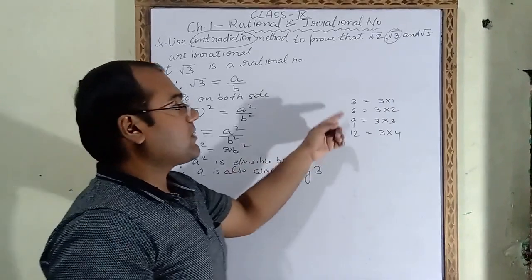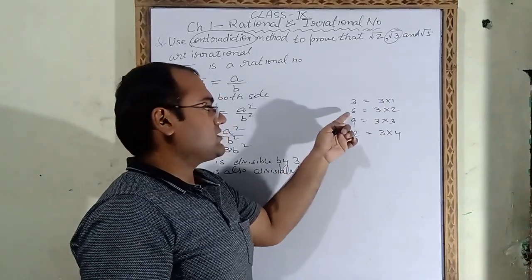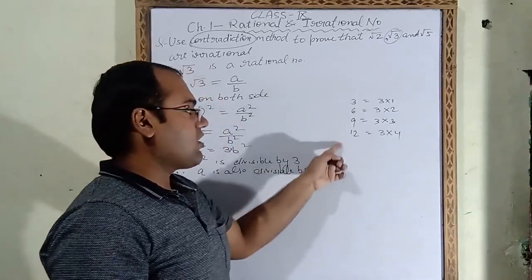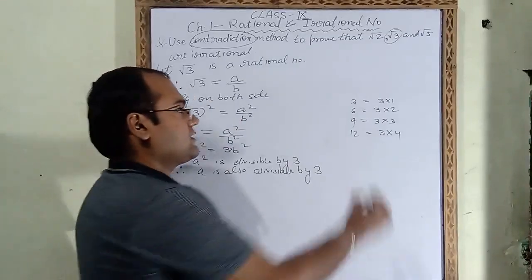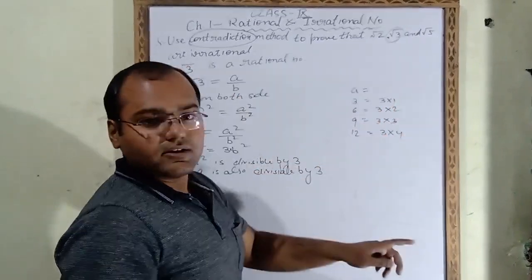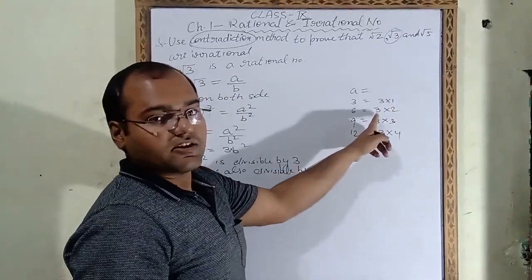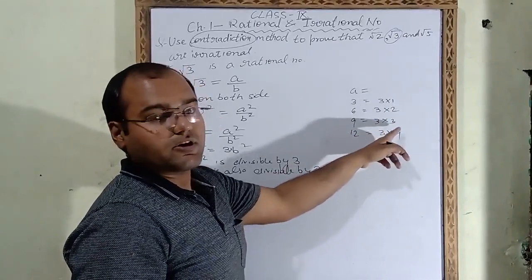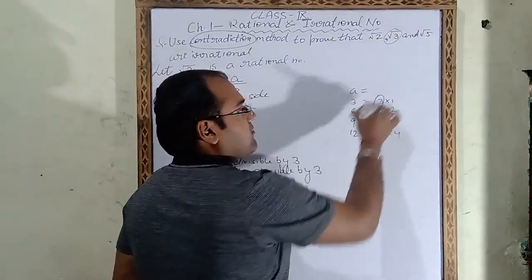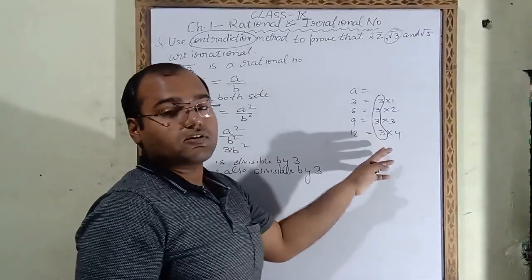So which numbers are divisible by 3? 3 is divisible by 3. 6 is also divisible by 3. 9 is also divisible by 3. That means these all are values of a. So a is 3 multiply 1. Next time we are getting 3 multiply 2. Next one is 3 multiply 3. In each case we are observing that 3 is coming. Why is this 3 coming in all the numbers?